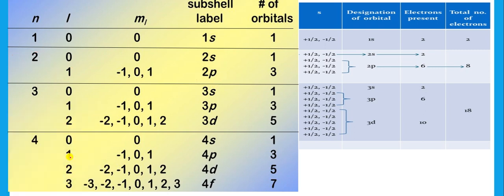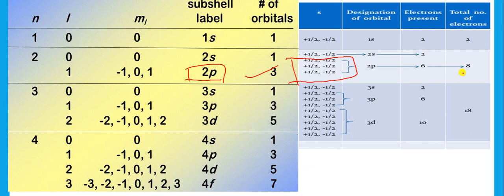And 2p is further subdivided into 3 orbitals: 2px, 2py and 2pz. That's why we have to represent the spins of all 6 electrons of 2p as plus half, minus half, plus half, minus half, plus half, minus half. Six electrons are present in 2p, 2 electrons are present in 2s, and a total of 8 electrons are present in the second shell.